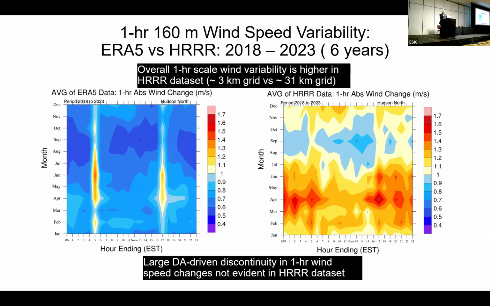Number one, the scale is the same on both, so it's a lot more orange and red on the HRRR side, and that means the variability is higher in the HRRR, pretty much at all times, which you might expect if you look at a 3-kilometer model versus a 31-kilometer model. But you also don't see the transition problem in the HRRR. It's a smoother transition between the hours of the day than it is in the ERA5.